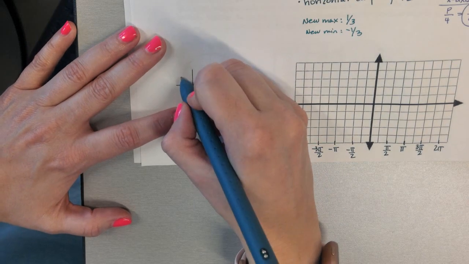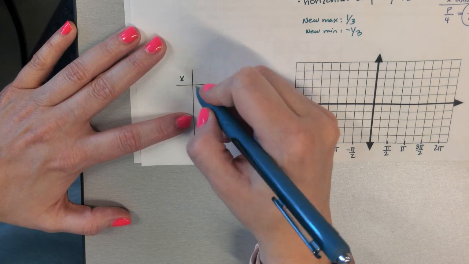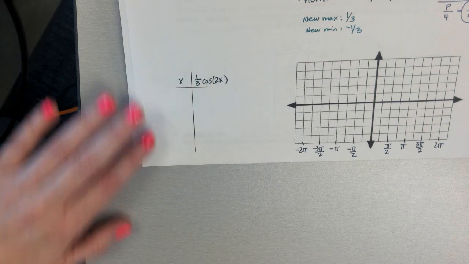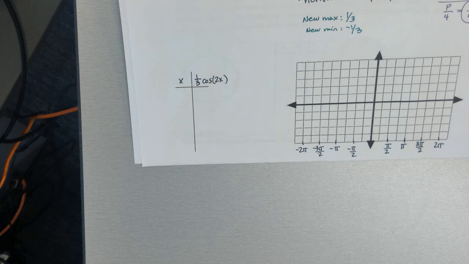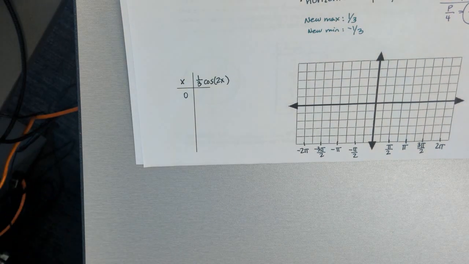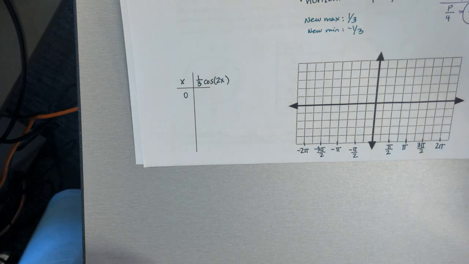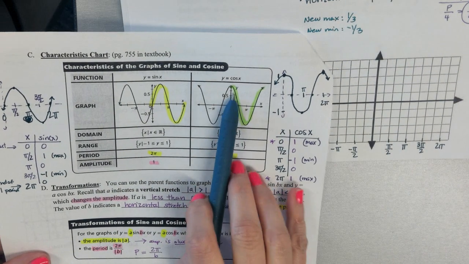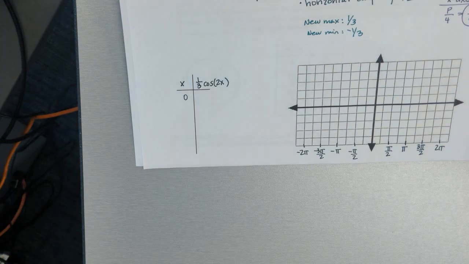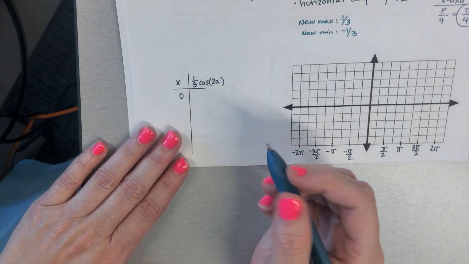So we have x, and then this is 1/3 cosine of 2x here. So when you are looking at your cosine at 0, the cosine starts at its max value. So if we're doing this correctly, I should get the max value for my cosine.